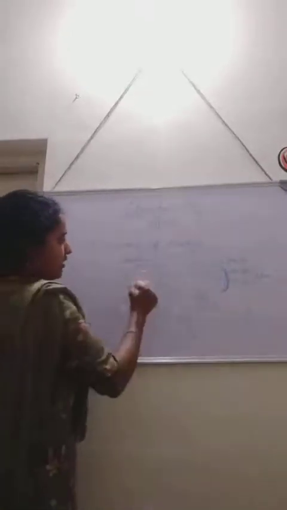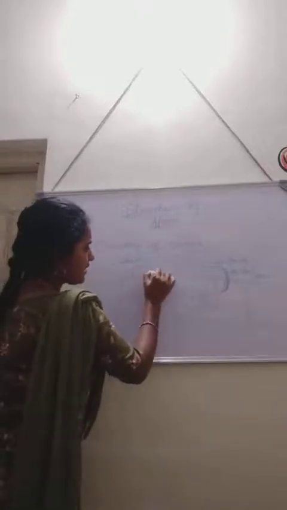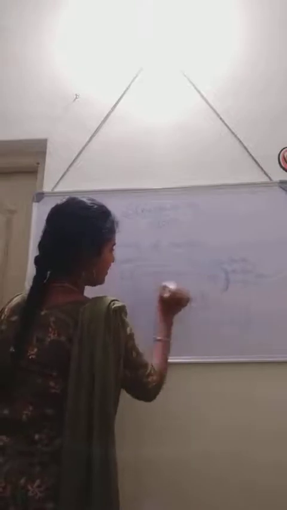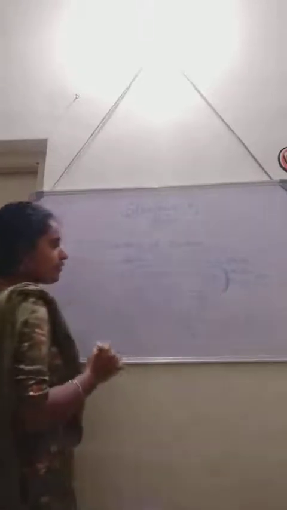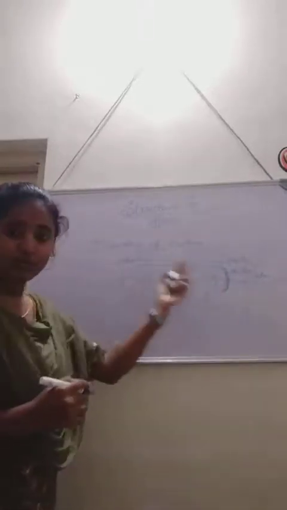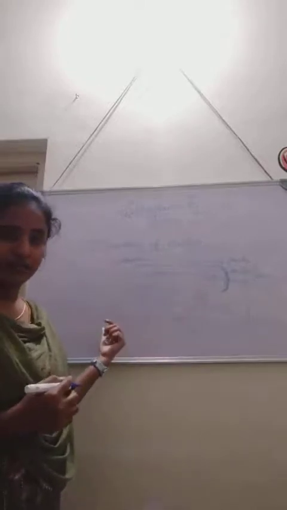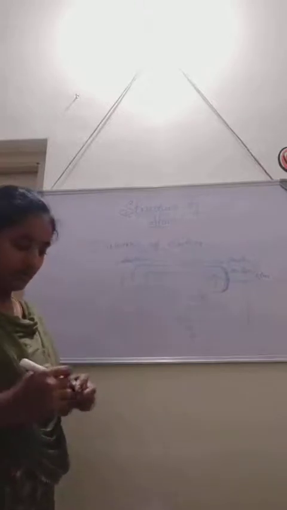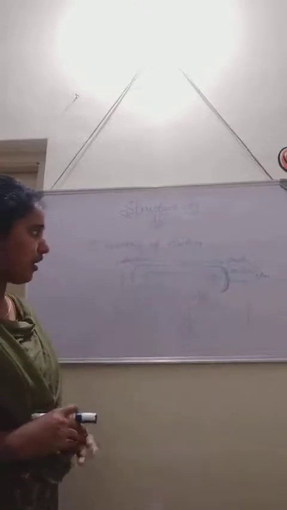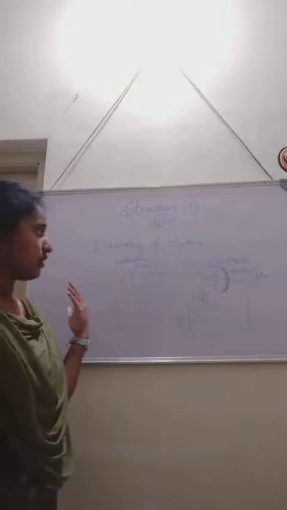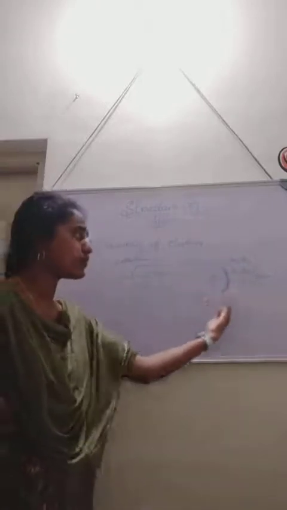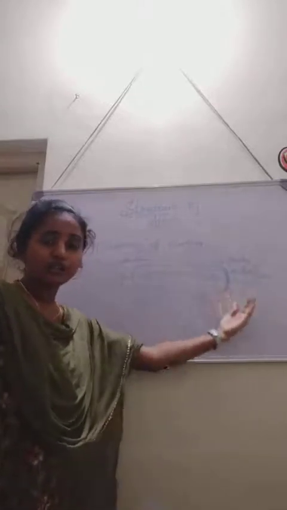He observed that some particles are moving from cathode to anode. Cathode is the negatively charged terminal. Anode is the positively charged terminal. How did he get to know that the radiation is passing from cathode to anode? He had a fluorescent zinc sulfide screen, and when these particles hit the screen it glows green.